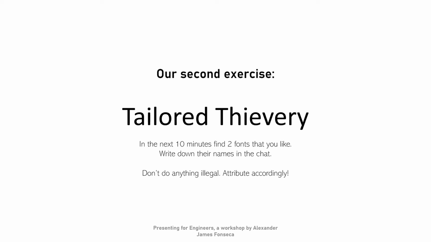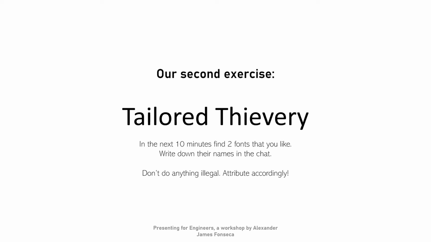So our second exercise is tailored thievery. For the next 10 minutes, find two fonts that you like. One as your main font and one as your accent font. Your main font is where you have most of your content. Your accent font is going to be whatever is more fancy and more eye-catching.